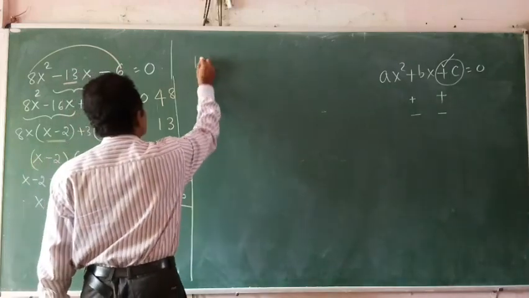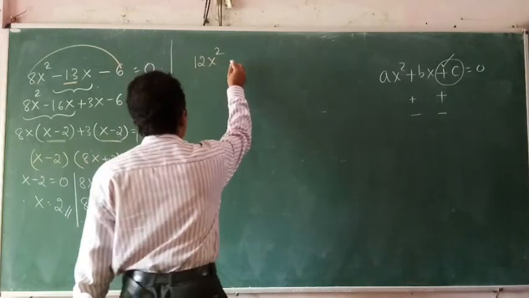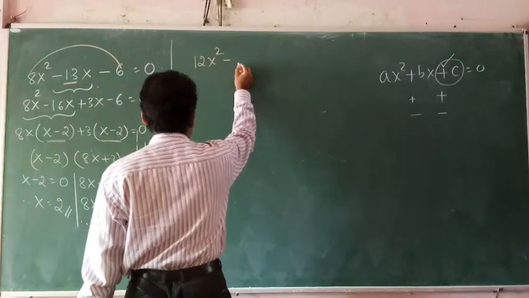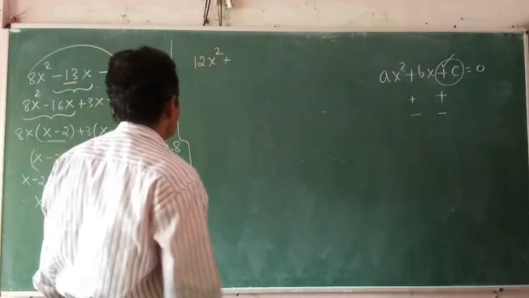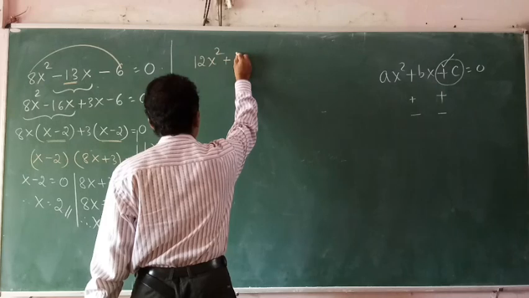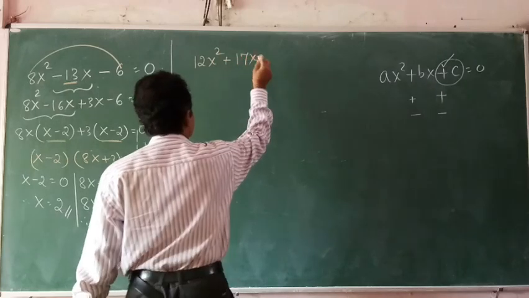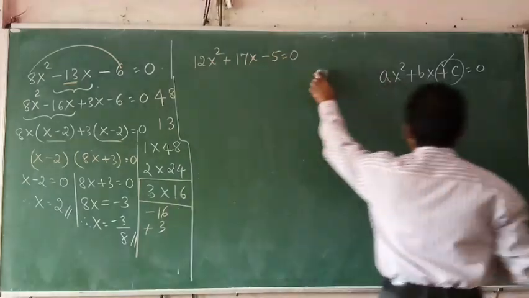I can say 12x square plus 17x minus 5 is equal to 0.